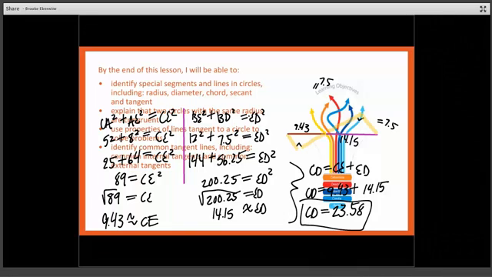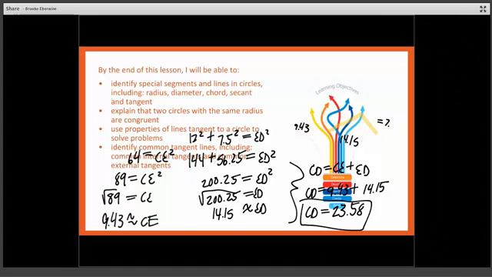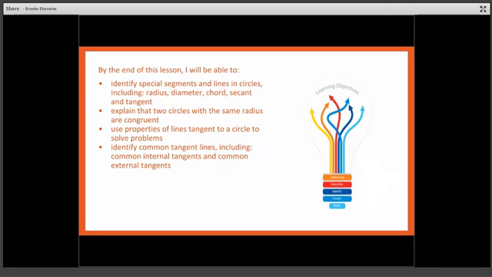So now that we have seen a couple of examples using common internal and common external tangents, I'm going to just go over a couple more vocabulary terms, and that will wrap up lesson 1 for this week. So two circles can be tangent to each other if they have only one common point.